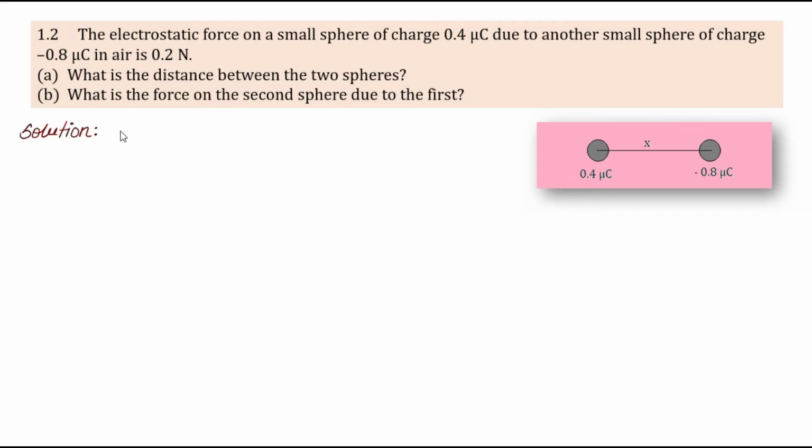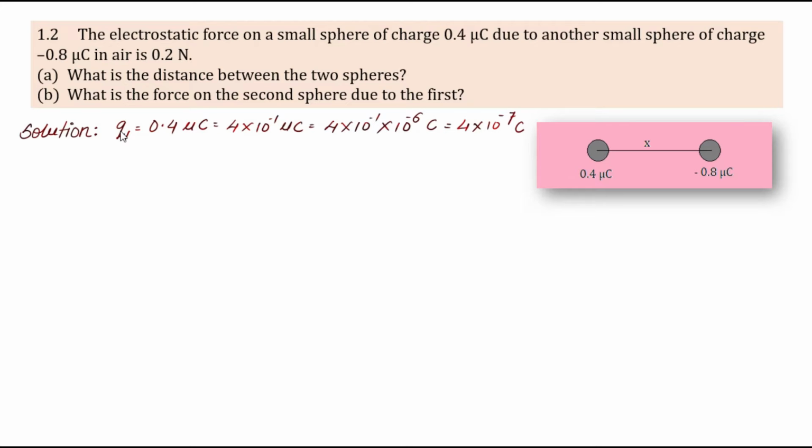So we have initially Q1 is equal to 0.4 microcoulomb, which is 4 into 10 raised to minus 1 microcoulomb, which is 4 into 10 raised to minus 1 into 10 raised to minus 6 coulomb. So finally, we have 4 into 10 raised to minus 7 coulomb.